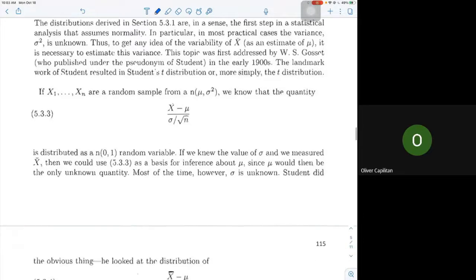So if we have a random sample, X sub 1 up to X sub n from a normal distribution with mean mu and variance sigma squared, we know that the quantity X bar minus mu over sigma over square root of n will have a standard normal distribution.